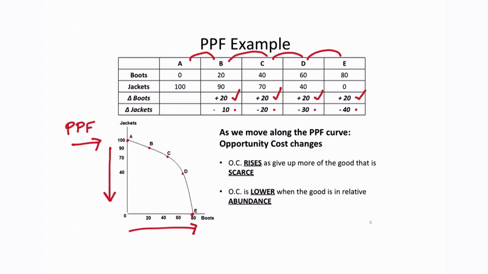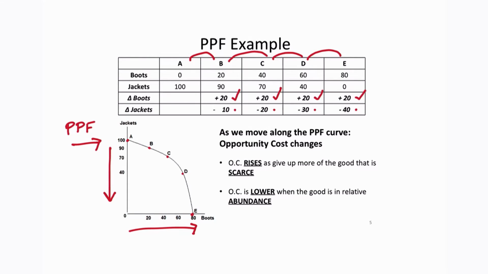We see that the movement along the PPF curve represents the opportunity cost of producing more boots. What we see is that opportunity cost rises the more abundant production we have of boots. So the more boots that we have, the higher the opportunity cost to produce an additional boot, because we are scarce in the number of jackets that we have.